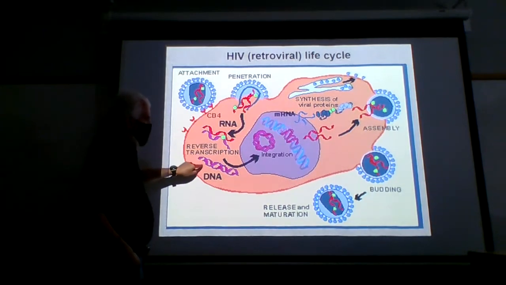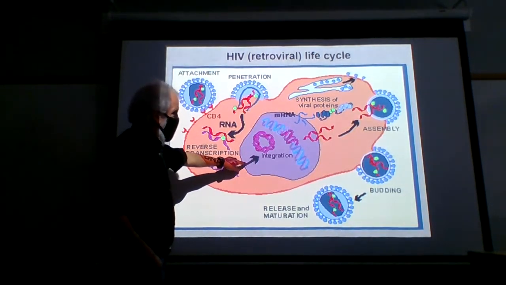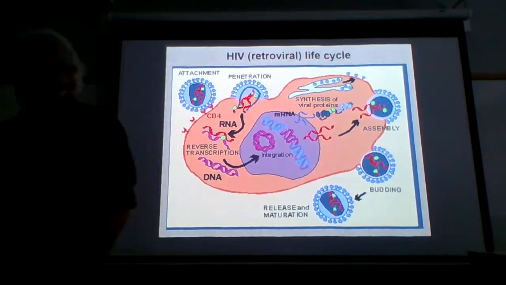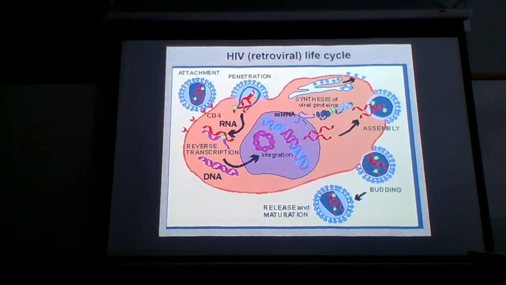The DNA gets into the cell, and the DNA actually can integrate into the host genome, so it can lysogenize. And now the DNA of the host cell is in fact the spot where the viral RNA can be generated.